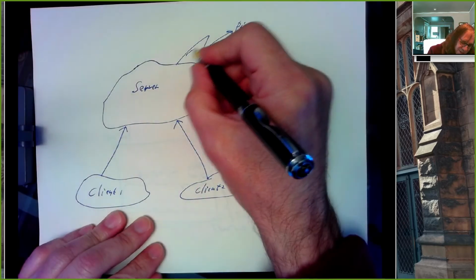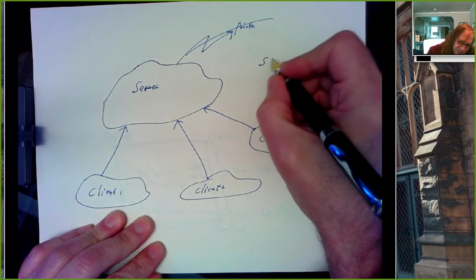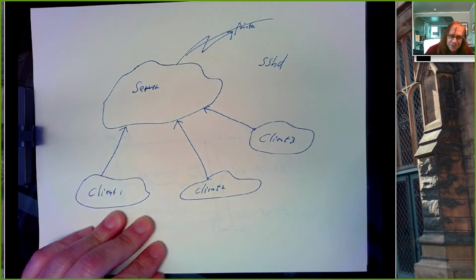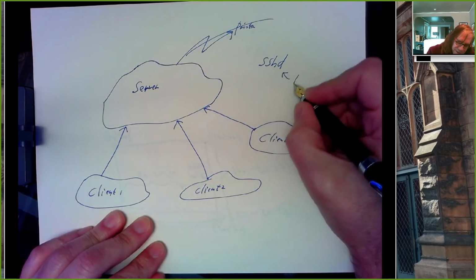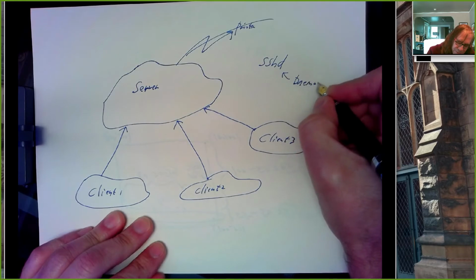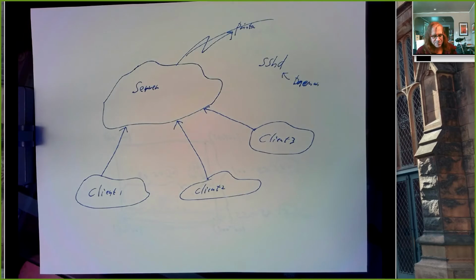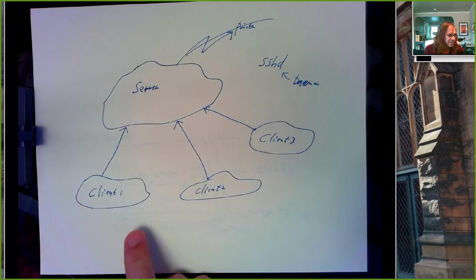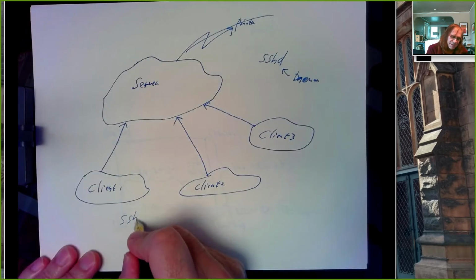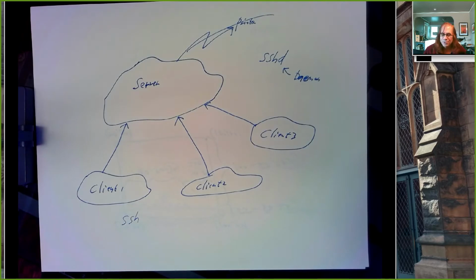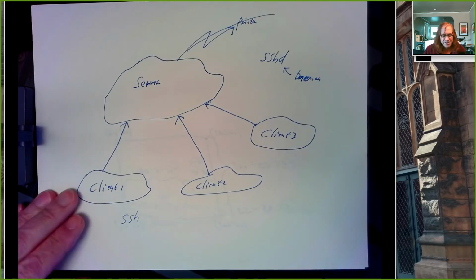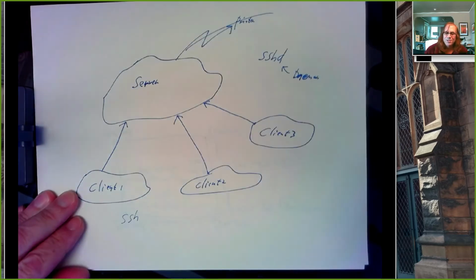And so there's an SSH server. It's actually sitting in a program called SSHD. The D is for daemon, which is kind of like a demon, but spelled differently. So there's an SSH daemon. That's a server, and it hangs out and waits for clients. In this case, the clients are a program called SSH or PuTTY or something else to poke the server and say, hey, can you do something for me?